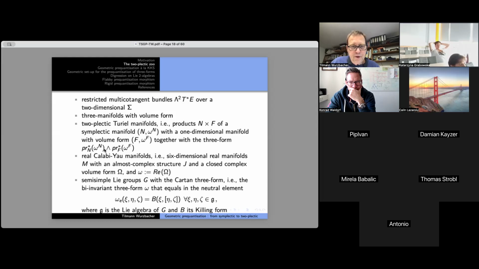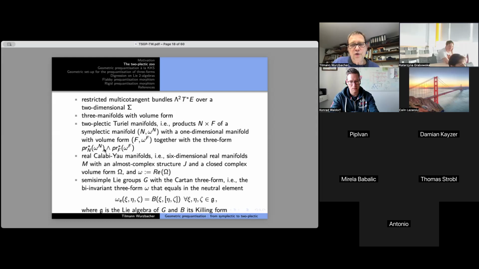So you take the Killing form, B, and you construct a three form in the neutral element by plugging in three elements of the Lie algebra, the tangent space in the neutral element. And you do it in the following way. You take the Killing form of the first vector together with the commutator of the second and the third.